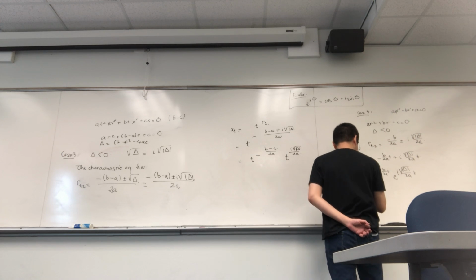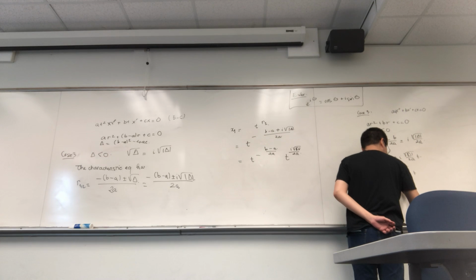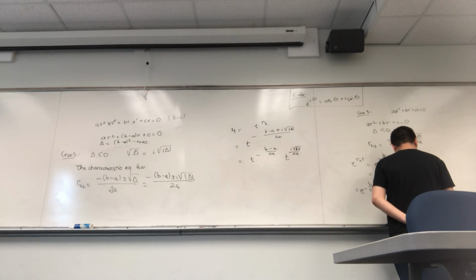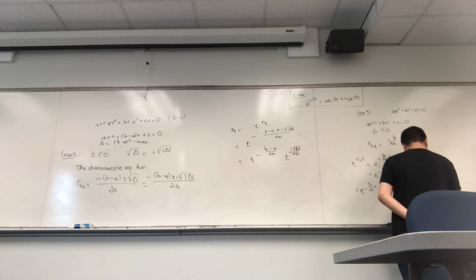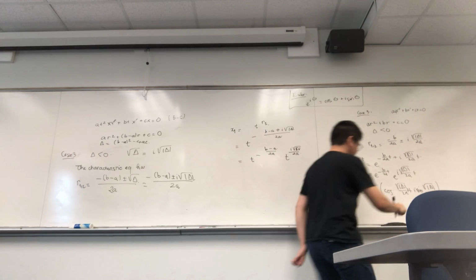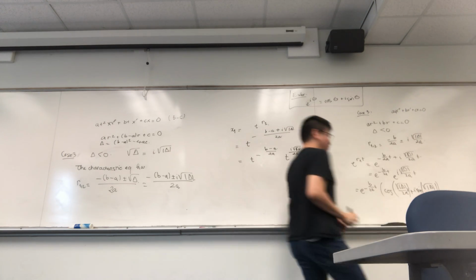So this gives you e to the power minus b over 2a t times cosine of square root of delta over 2a t plus i sine of square root of delta over 2a t.